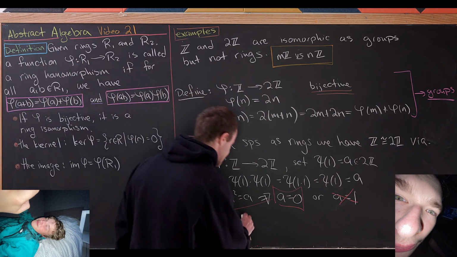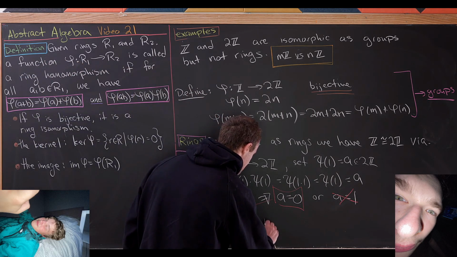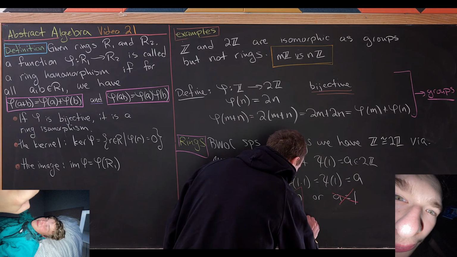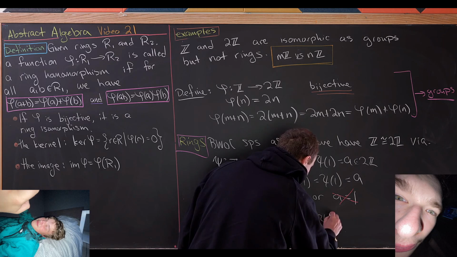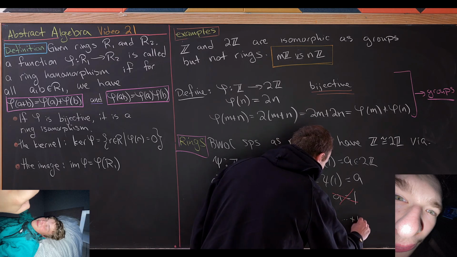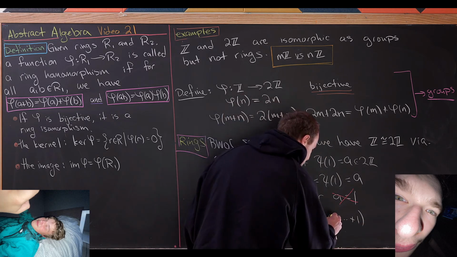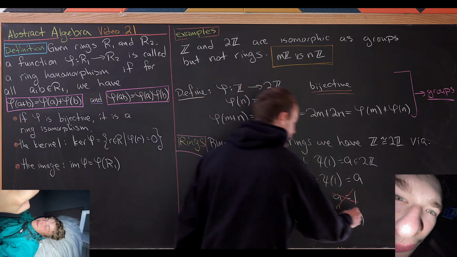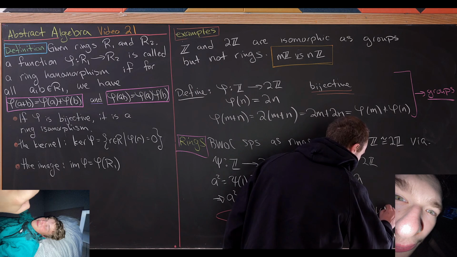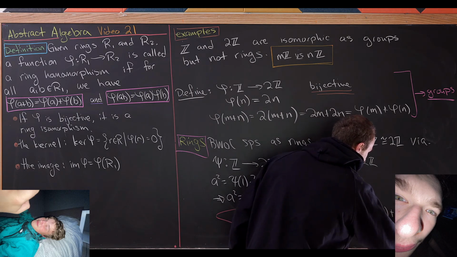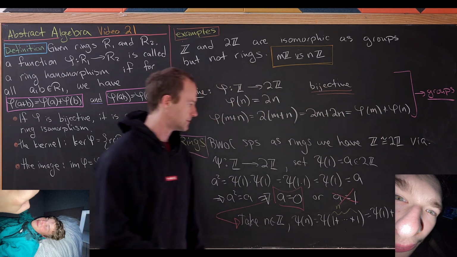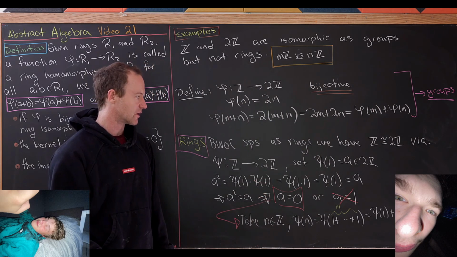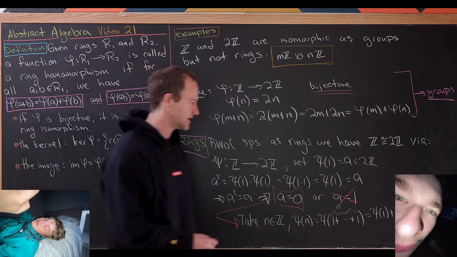Now let's notice that if we take any integer n, psi of n is the same thing as psi of 1 added to itself n times. Since we're in a homomorphism, that's psi of 1 added to itself n times. But we've just determined that psi of 1 is 0 by the previous calculation.